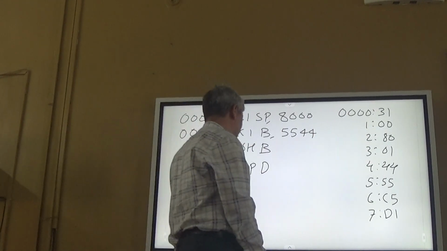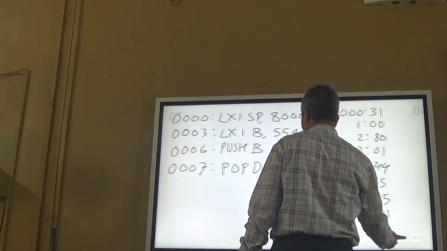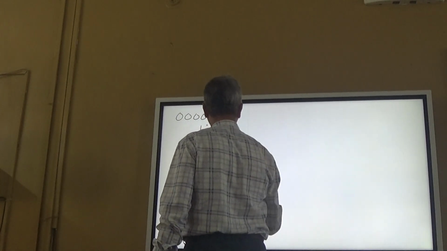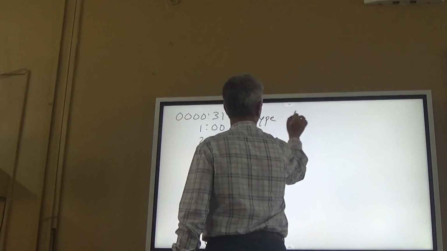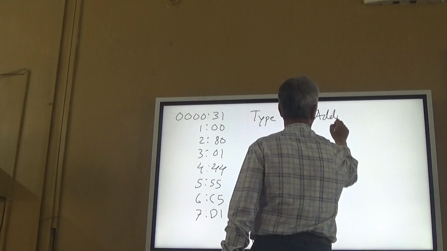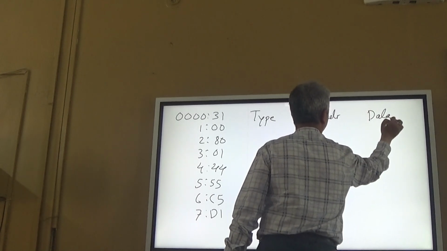So we now write down the machine cycle sequence. How will the machine cycle sequence look? Type, address and data.